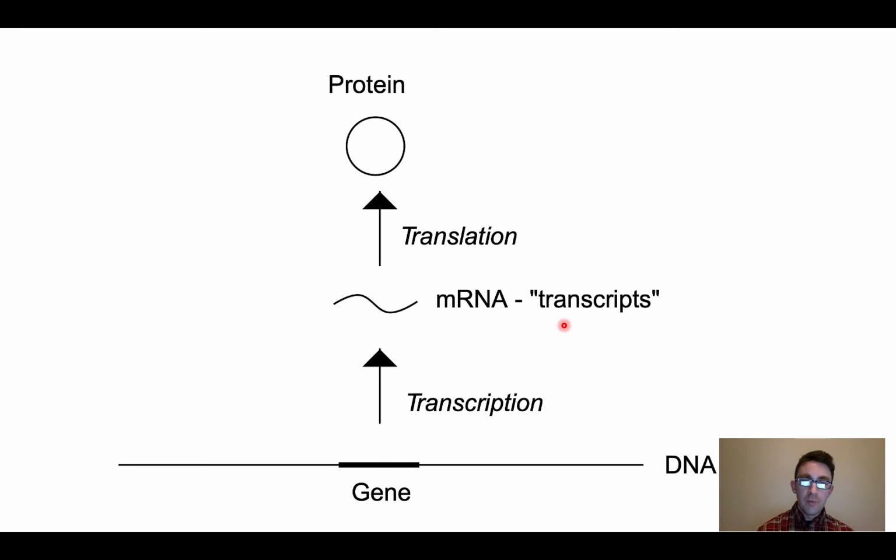And by the way, some of you might be thinking, if you're familiar with a bit of biology, that I'm leaving a lot out here. And I kind of am, because this is a simplified model of things. For example, in real life, you might not have the gene be all one continuous sequence. It might be different parts of the gene located at different parts along the DNA that have to eventually be spliced together.